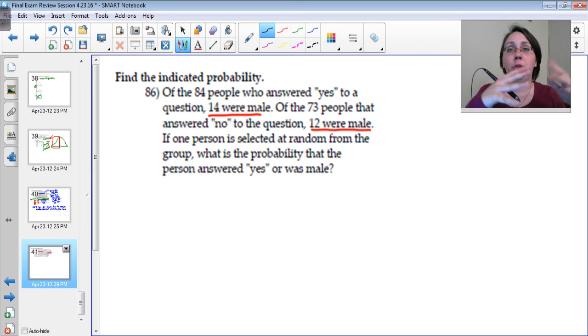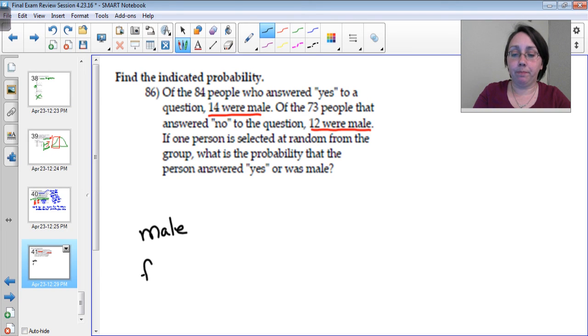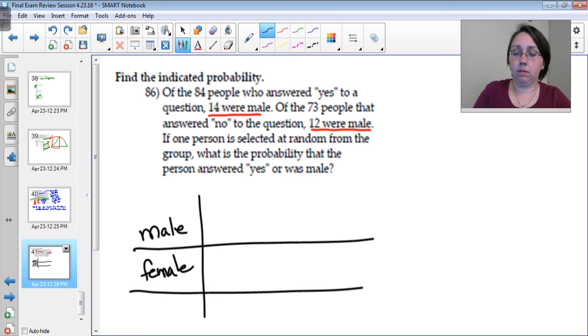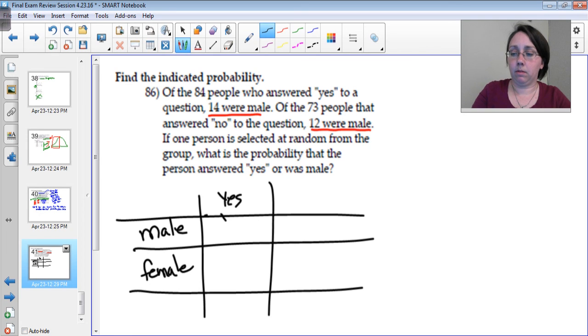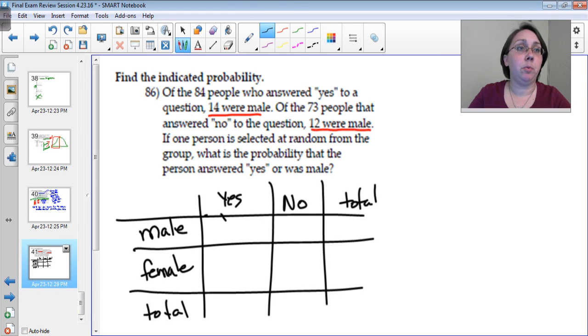The easiest way, when you have a lot of information, you have male, you have female, you have yes, you have no, easiest way to organize is to build a table. Okay, this would be a table that you would build here.